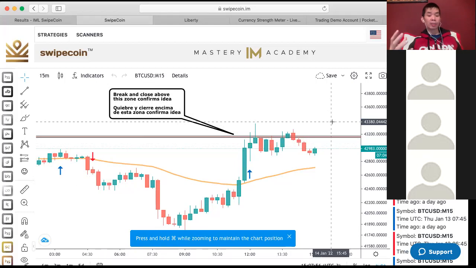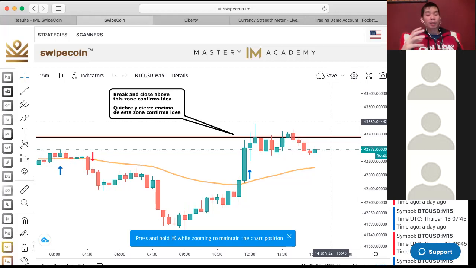And what I like to do is take trades that are a 2-to-1 ratio, right? So let's say I'm risking $10 on this trade. I want to risk $10, but for my profits, I want to make at least double what I risked, right?